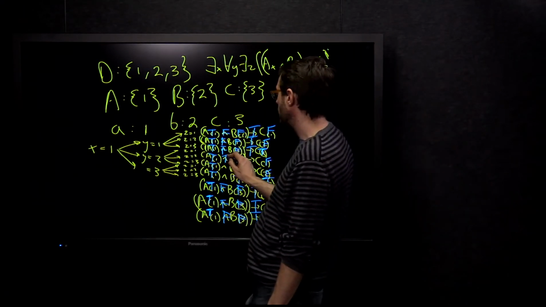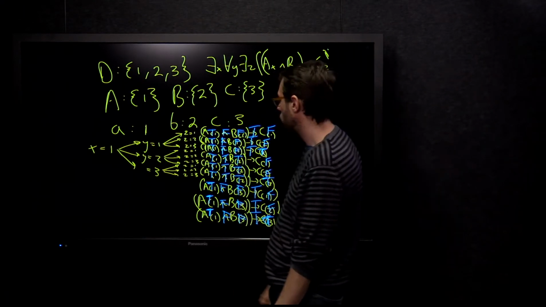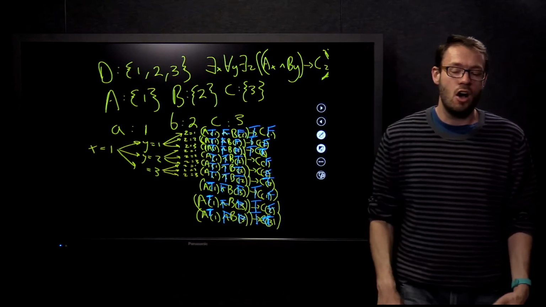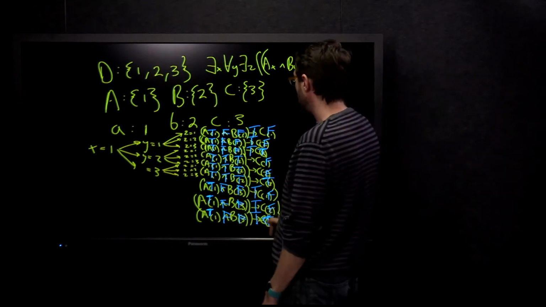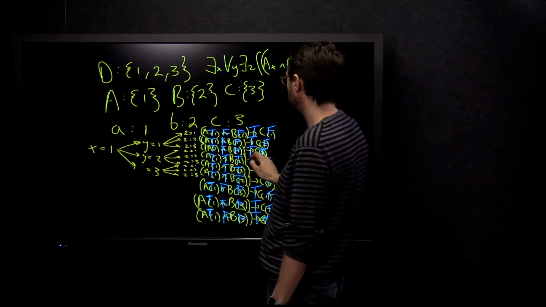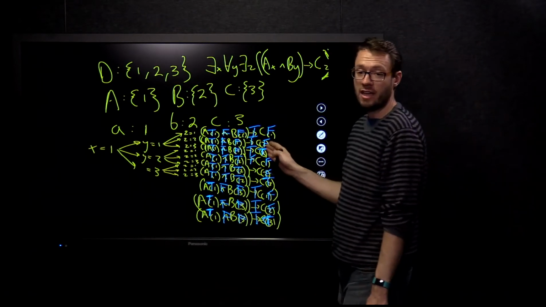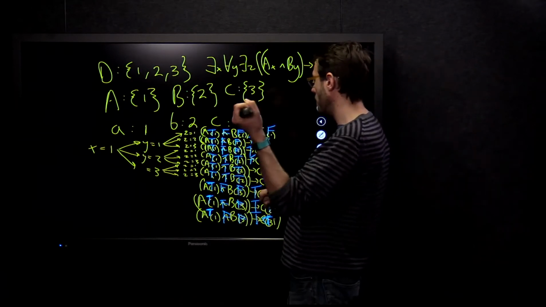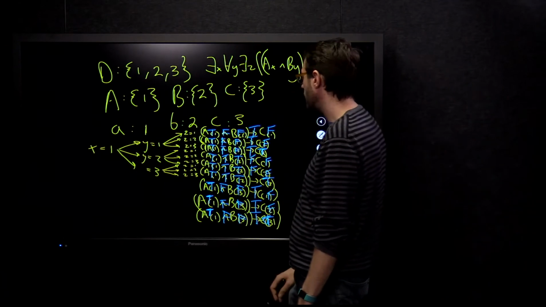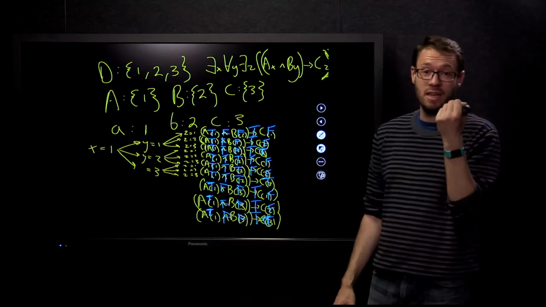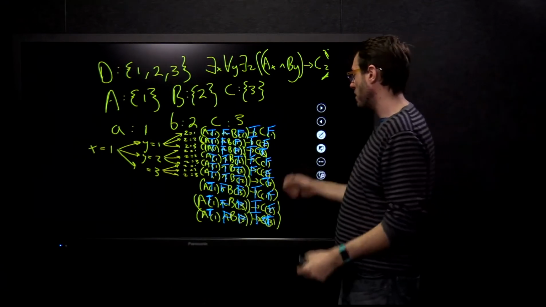For these 3, I know that the antecedent is true because the conjunction of A and B is true on both sides. Now, I look at the right-hand side. When C equals 1, the conditional is false because the antecedent is true and the consequent is false. I've got the first thing, but I don't have the second thing. And when C equals 2, the same thing happens: the conjunction of A and B is true, but the thing on the right is false.